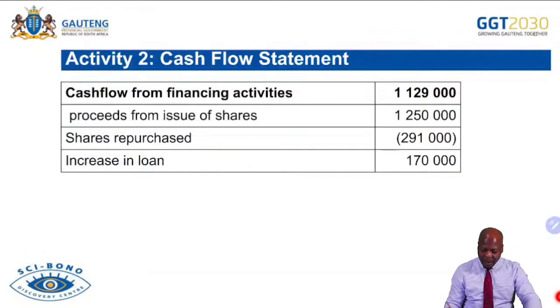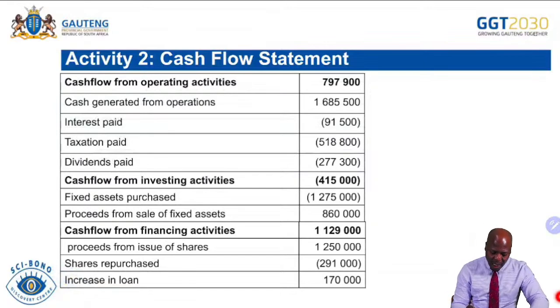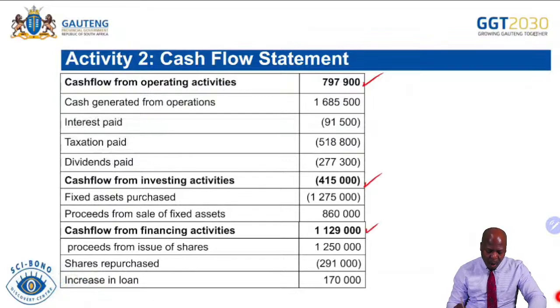Once we have the cash flow from financing activities, now we can complete the entire cash flow statement. All right? Do you remember where we started from? We started with cash flow from operating activities. We did the investing activities. Now we have done the financing activities where we have 1,129,000.